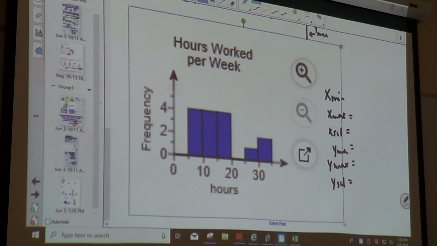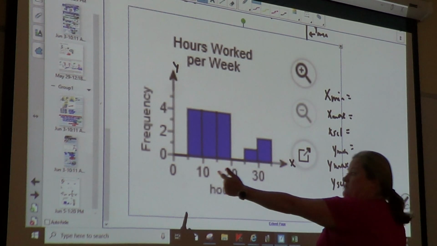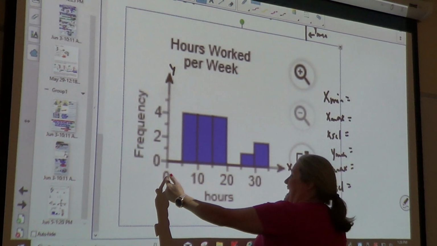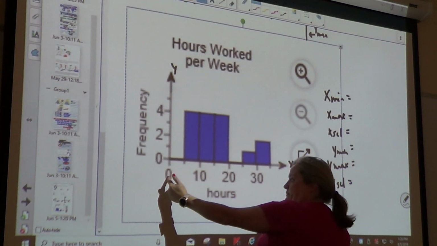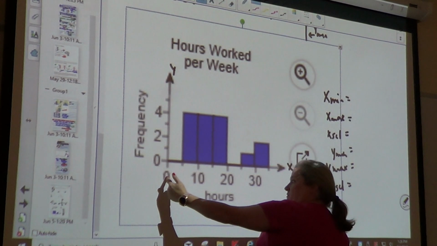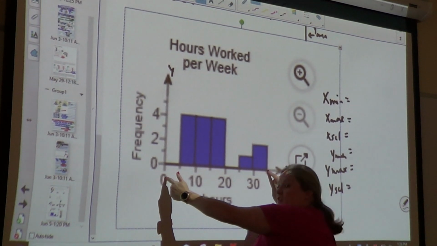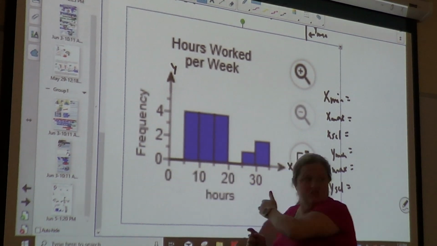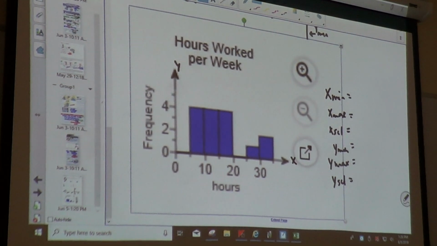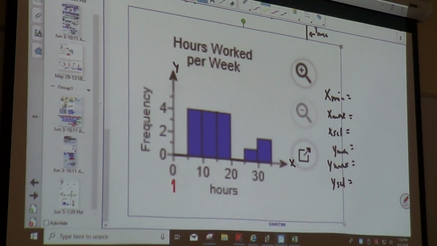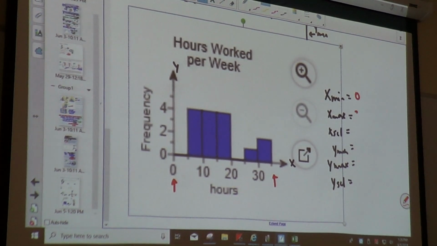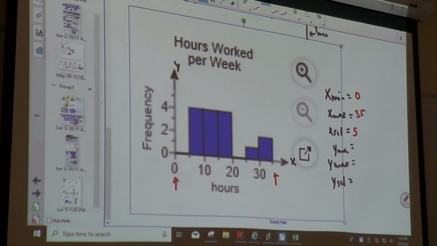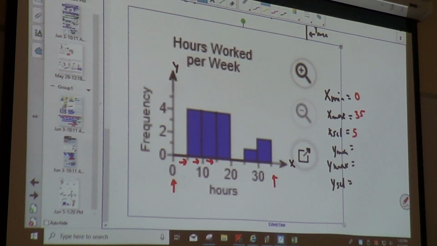So our x-min would be on the x-axis. What is your smallest number? 0. On the x-axis, what is your largest number? 35. And what are you counting by? 5s. 5, 10, 15, 20. So, on your x-axis, you're going from 0 to 35, and you're counting in increments of 5.